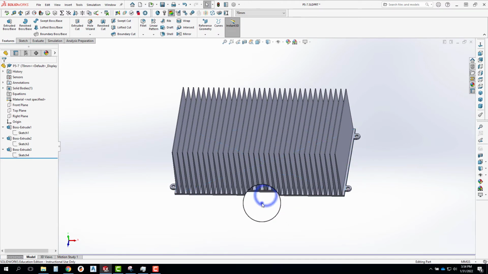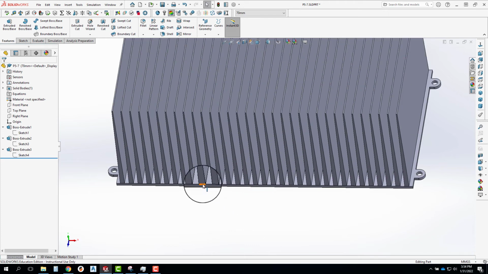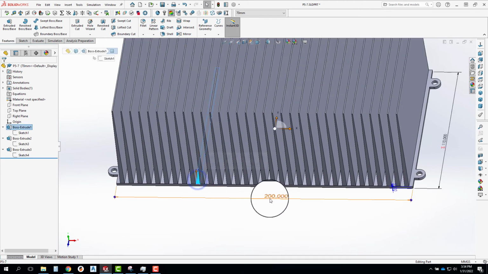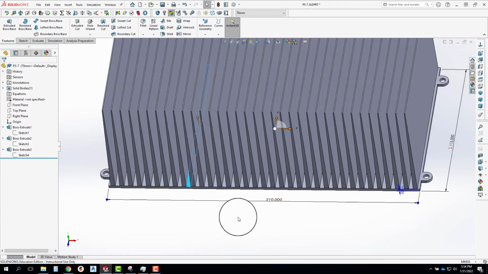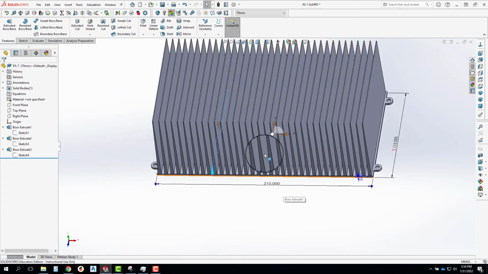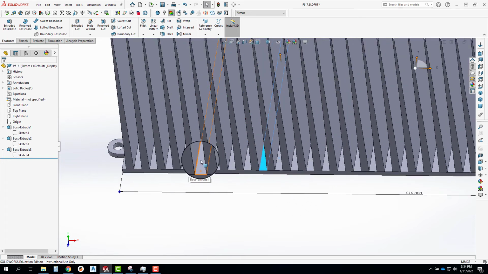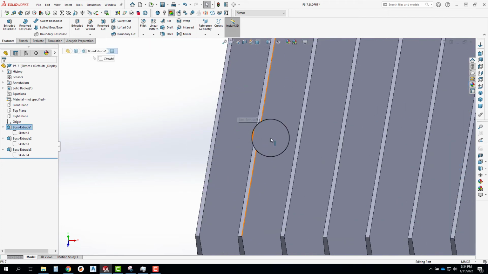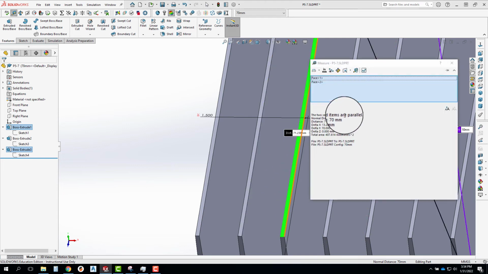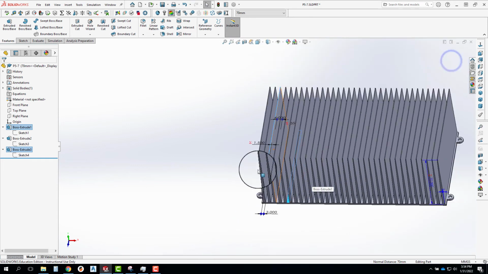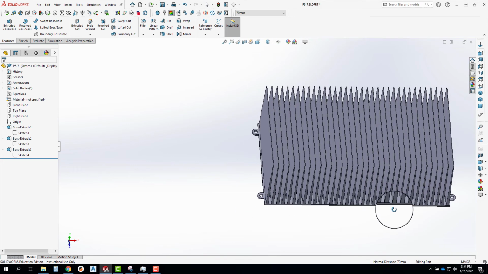Let's change this to 210. Half of that would be 105 plus 10, that gets us 115, and then the height of the fins is supposed to be a third of this base width, so that should be 70. Yep, 70 millimeters, so that part looks good, and they are centered fine.